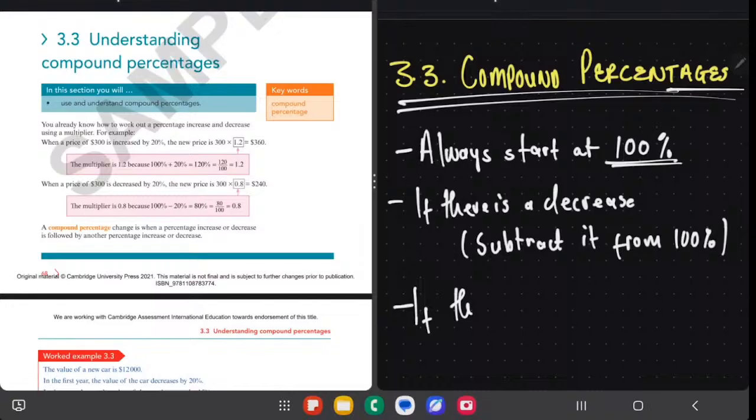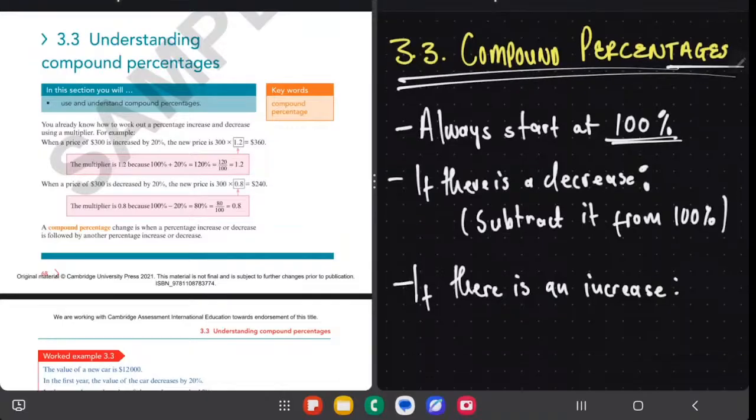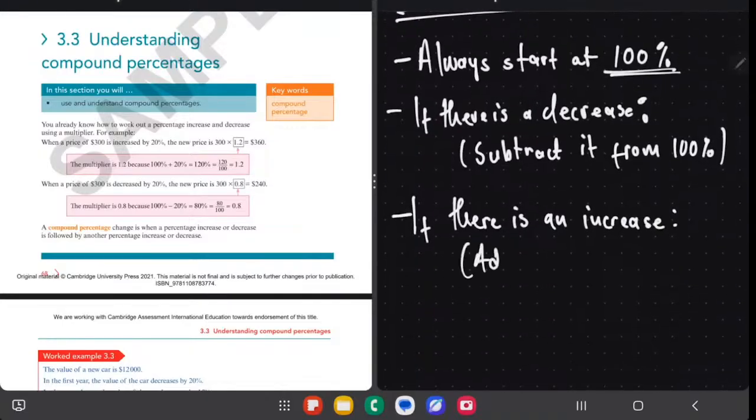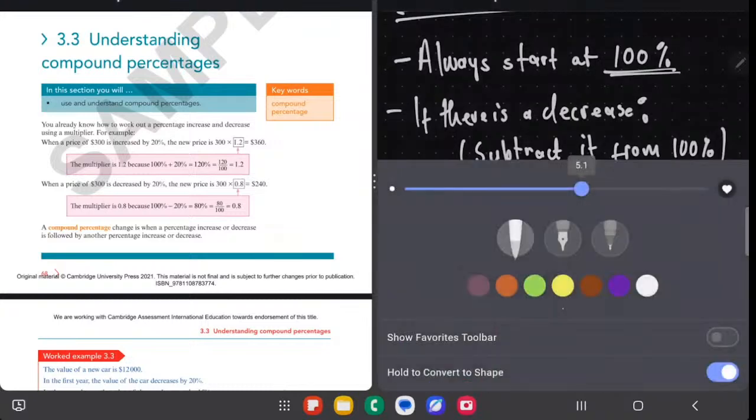If there is an increase, add it to 100%.